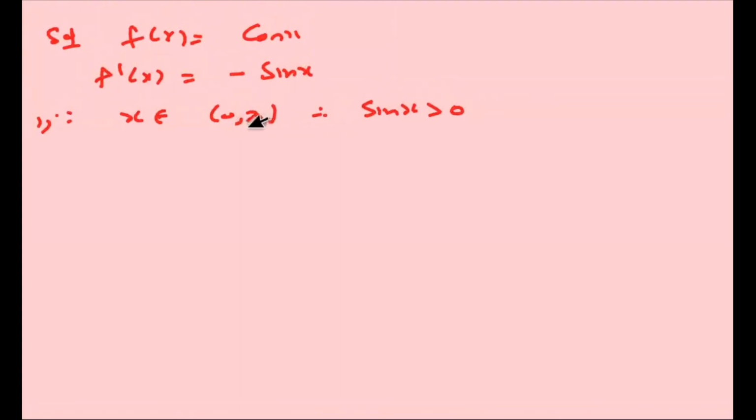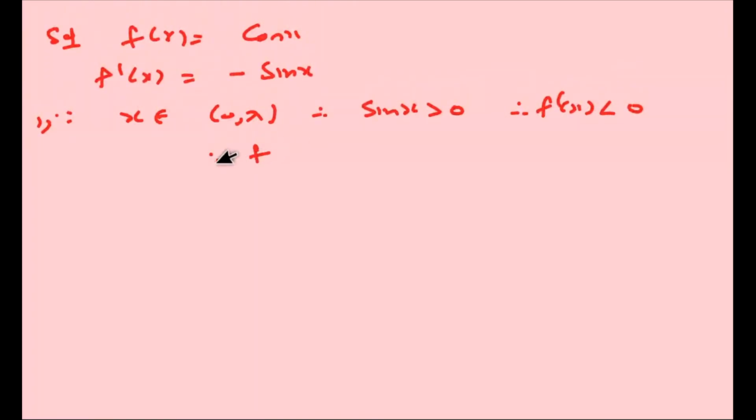We know that in 0 to pi, the first and second quadrant, the value of sin x is positive. Right? So now this is positive. Positive into minus means negative. Hence, putting this value here, positive into minus, f dash x in our question is less than 0. So, f is strictly decreasing.